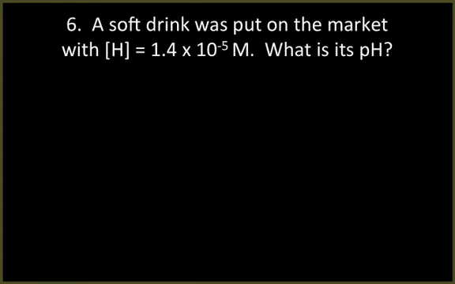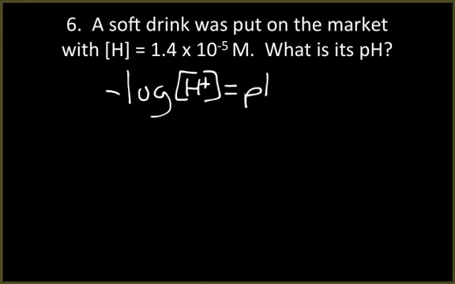A soft drink was put on the market with an H plus concentration of 1.4 times 10 to the negative fifth. What is its pH? Again, figuring out our formula, we need pH to solve. It's just negative log of H plus. So plug in and solve.